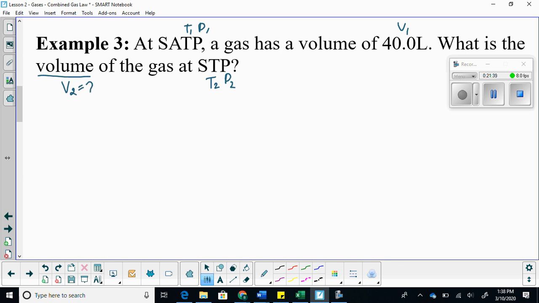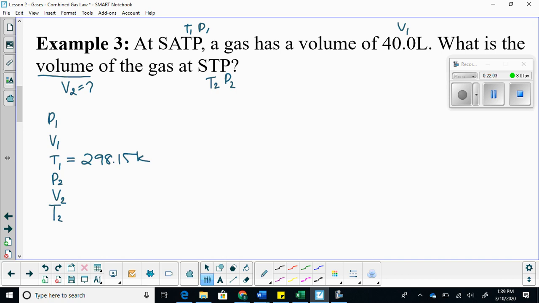Let's list out our variables. P1, V1, T1, P2, V2, T2. Does anybody know what the temperature at SATP is in Kelvin? 298.15 Kelvin.